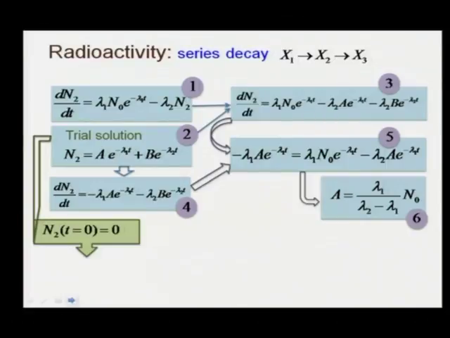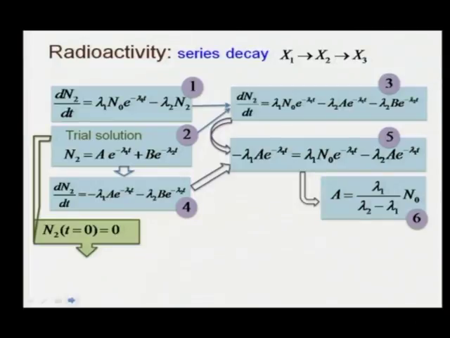Now, this is one thing. Another thing, so we got A, but what about B? To get B, we will look at another property, which is that we took X1 only, that is we took a pure sample of X1 type of nucleus to start with.